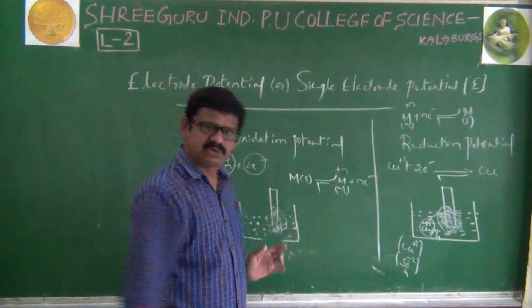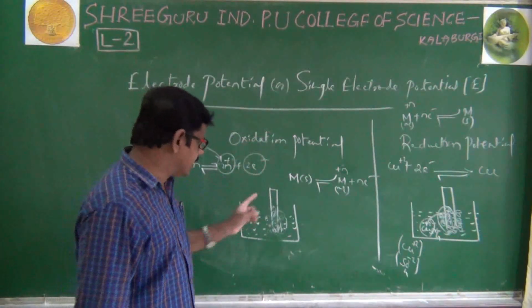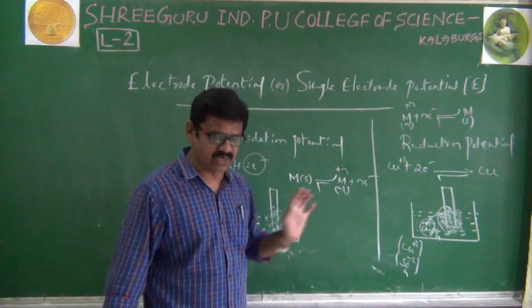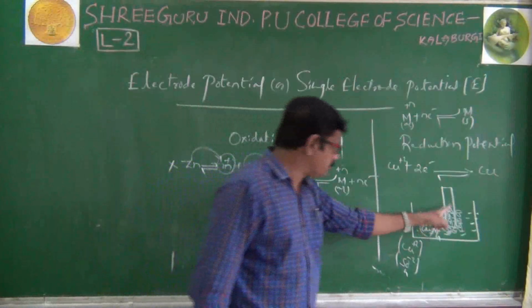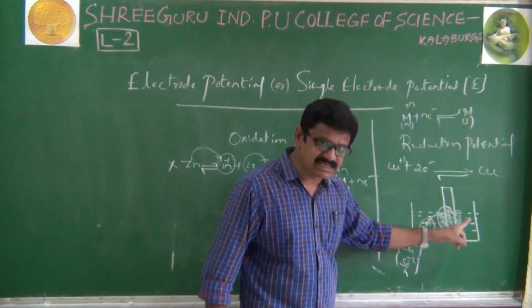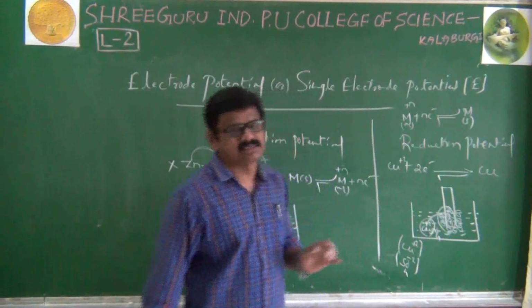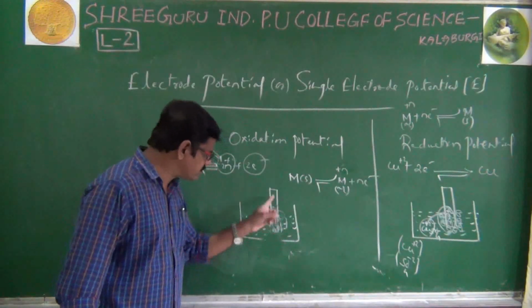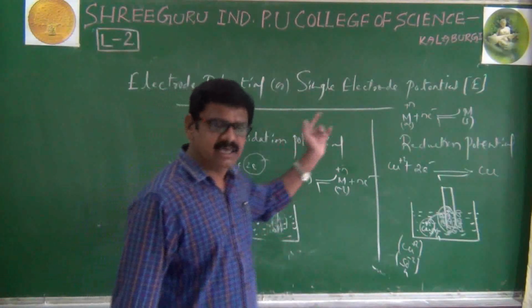Now together we have to define what is electrode potential, nothing but single electrode potential. Very simple, it may be either an oxidation process or a reduction process. The definitions are the same. How to define? The potential developed when metal is in equilibrium with its own ions solution is called single electrode potential.